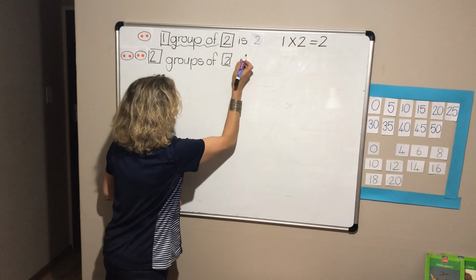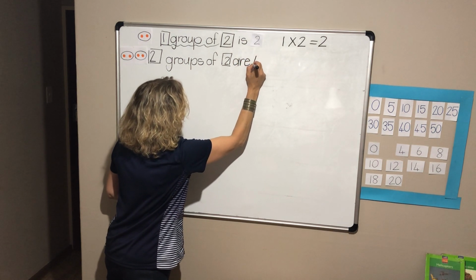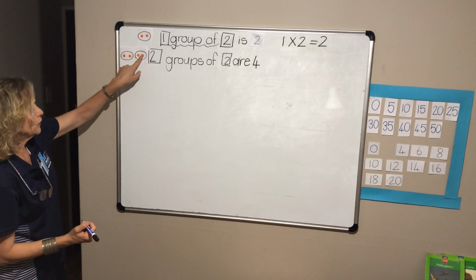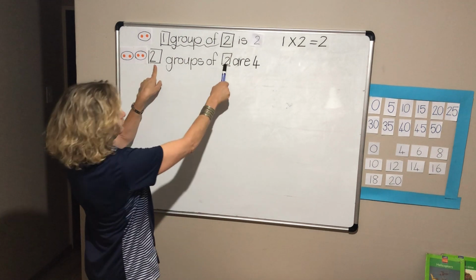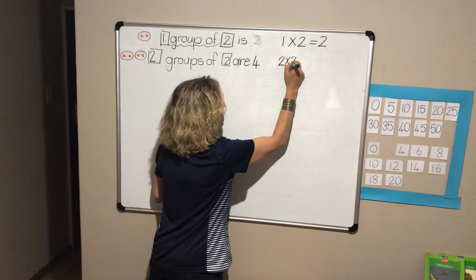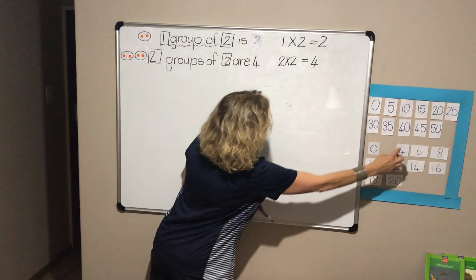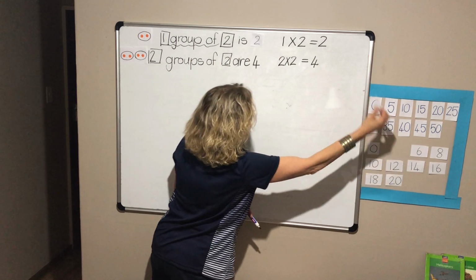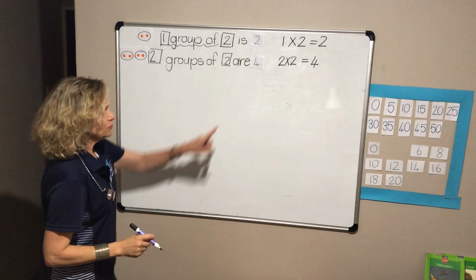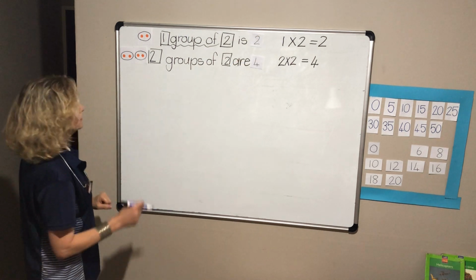I should actually say are 4. 2 groups of 2 are 4. 1, 2, 3, 4. So these are my 2 factors in this sum. 2 times 2 equals 4. And that 4 there, I could have taken out of here. I told you when we're counting 2s, it's the multiples, it's the answers in the 2 times table.